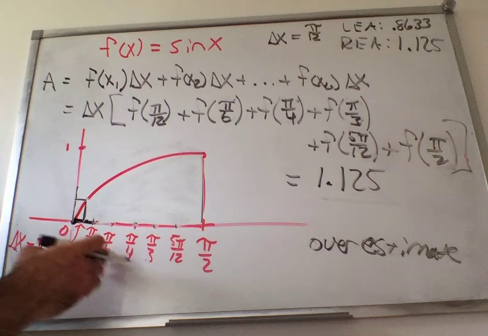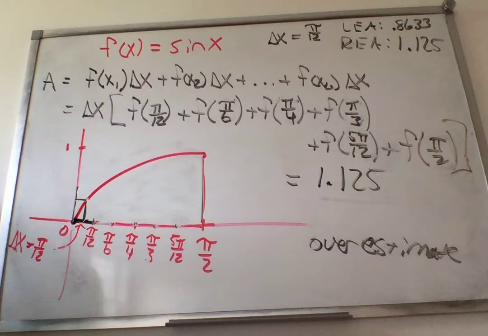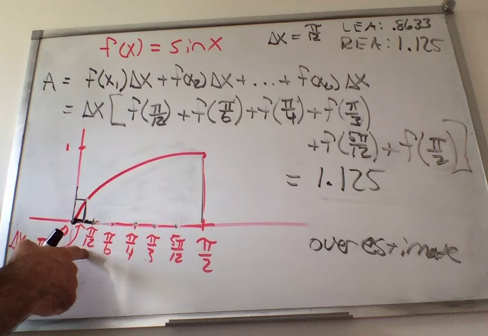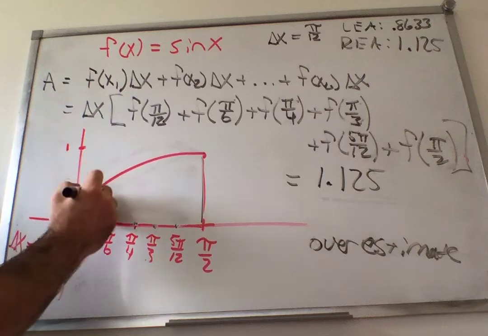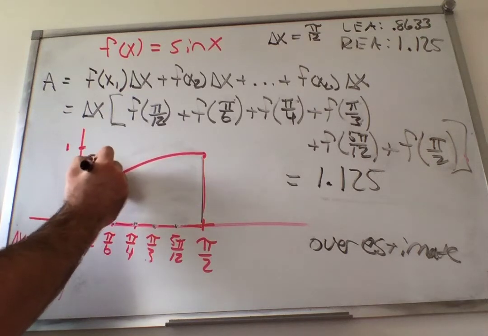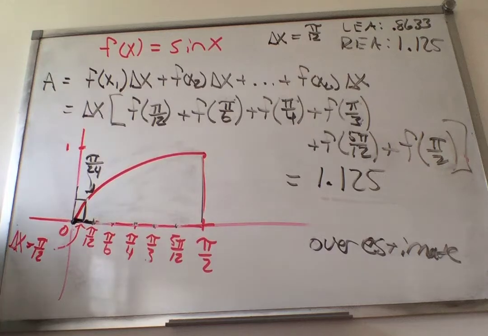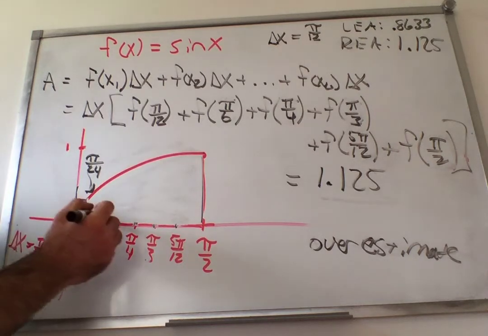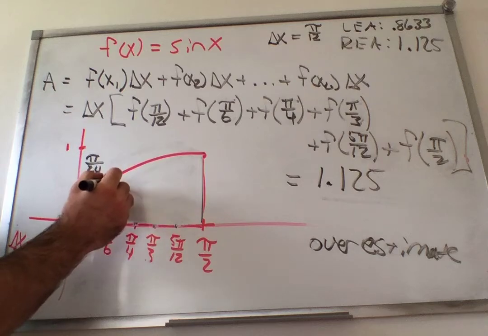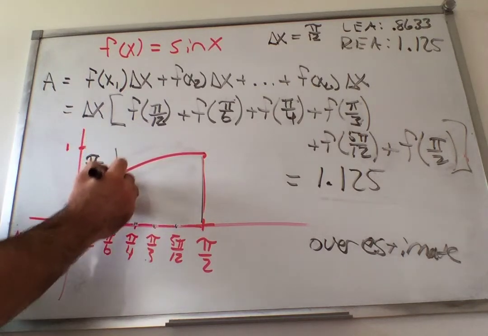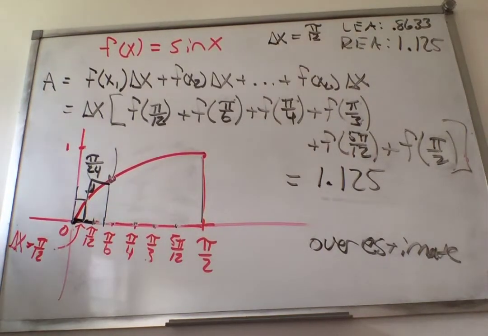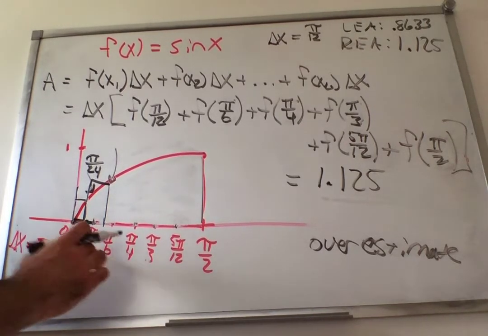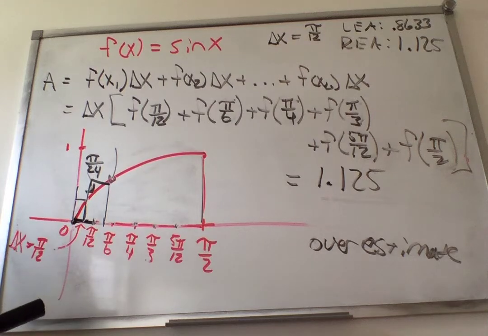Okay? Now to find the midpoint of an interval, you could add the two values together and divide by 2. So 0 plus pi over 12 is pi over 12. Pi over 12 divided by 2, that value right there would be pi over 24. So to find the midpoint here, pi over 6 minus pi over 12. You could just leave the pi's out of it for a moment and just do the fractions. 1/6 minus 1/12.